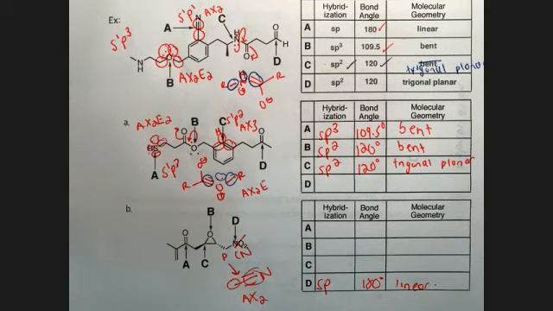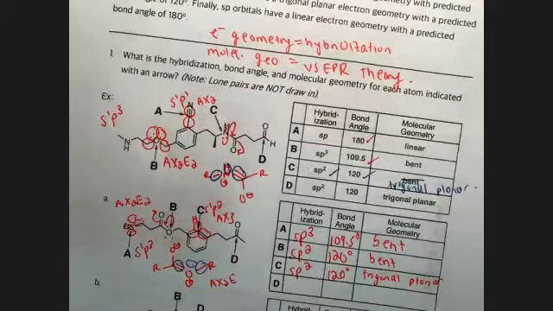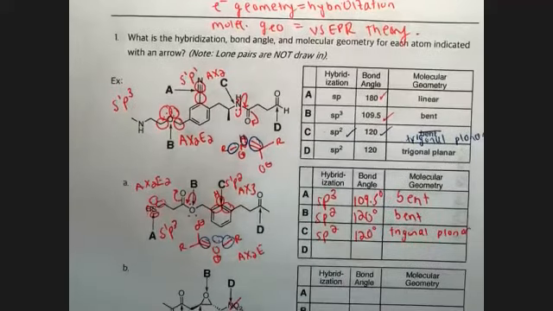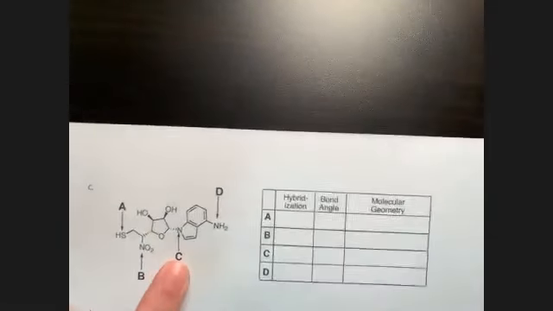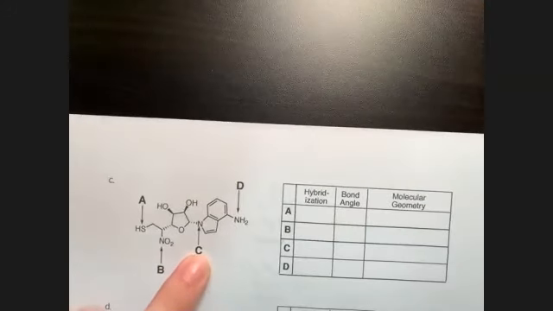Anybody have any question on hybridization, difference between electron and molecular, bond angles, anything? Okay. So for problem C, letter C, right here, would that be sp2? Exactly.